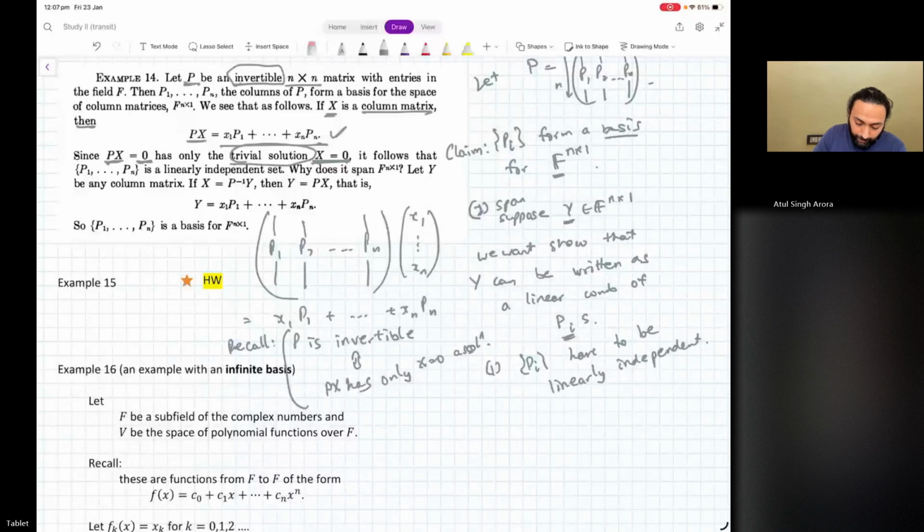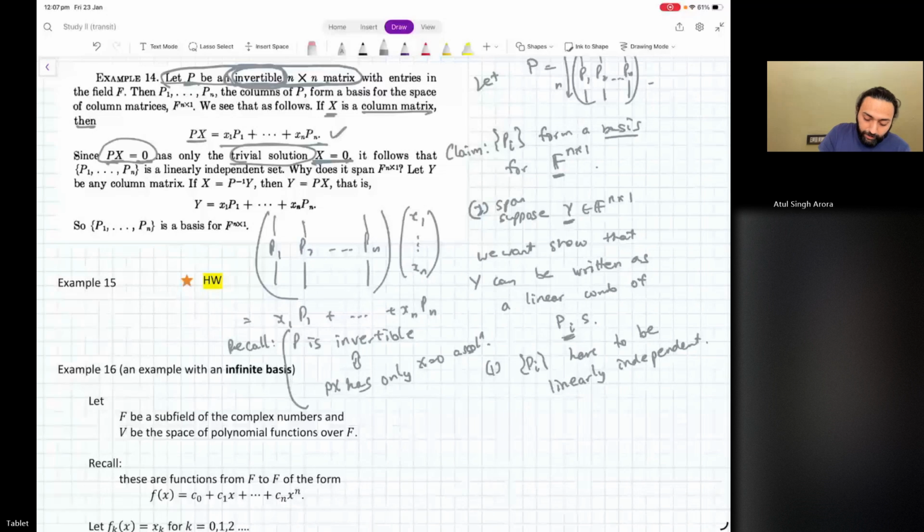But don't we need to prove that P is invertible? Look at the premise of the question. P is invertible. We're already assuming P is invertible, and under that assumption, we know that the only way this can be satisfied is if x is 0. So far you're with me, right?